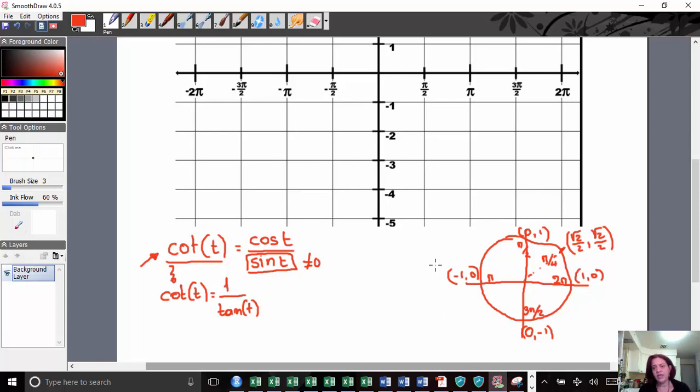So what we need to see is where in the unit circle the sine of t becomes 0. The sine of t becomes 0 at 2 points: at the point 0, when the angle is equal to 0, and when the angle is equal to pi. What does this mean?